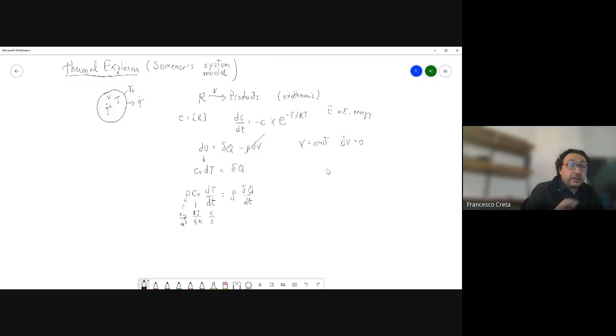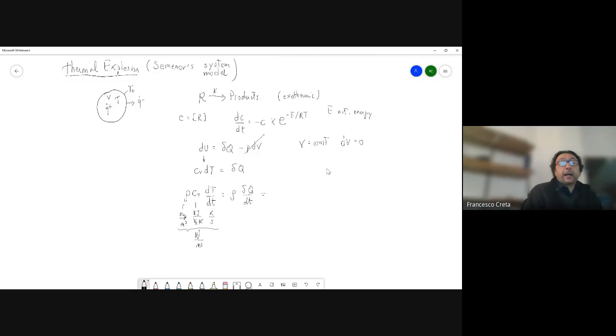So the mass and the Kelvins go, and we have an energy per unit time, essentially a power, watts per unit volume.